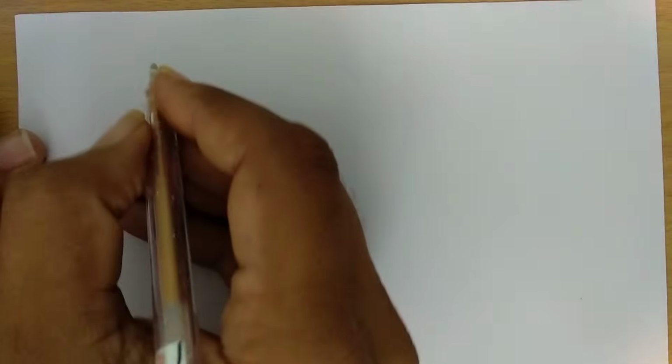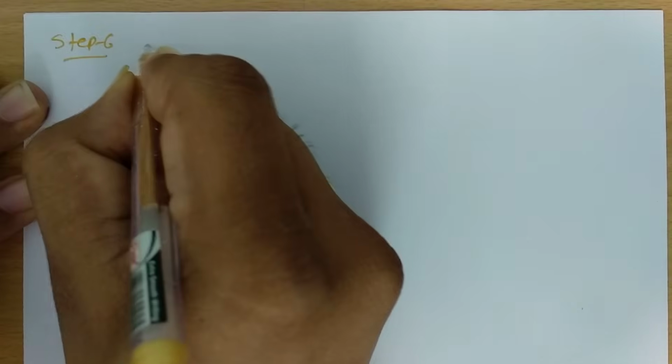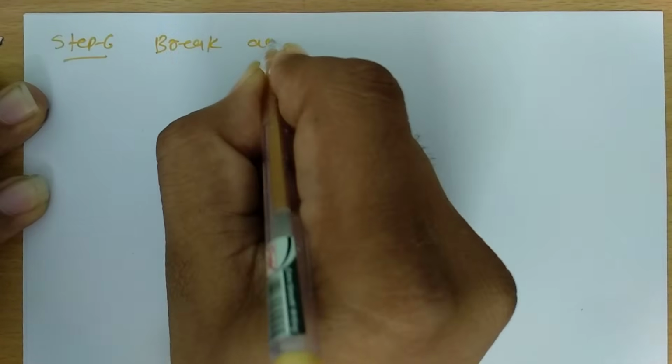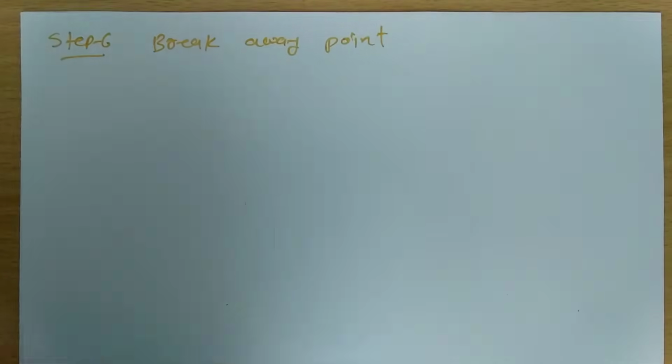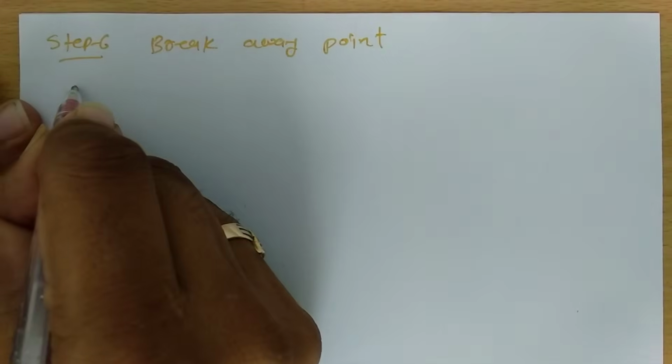Now the next step for this example is to calculate the breakaway point. The breakaway point calculation is again divided into a few steps.